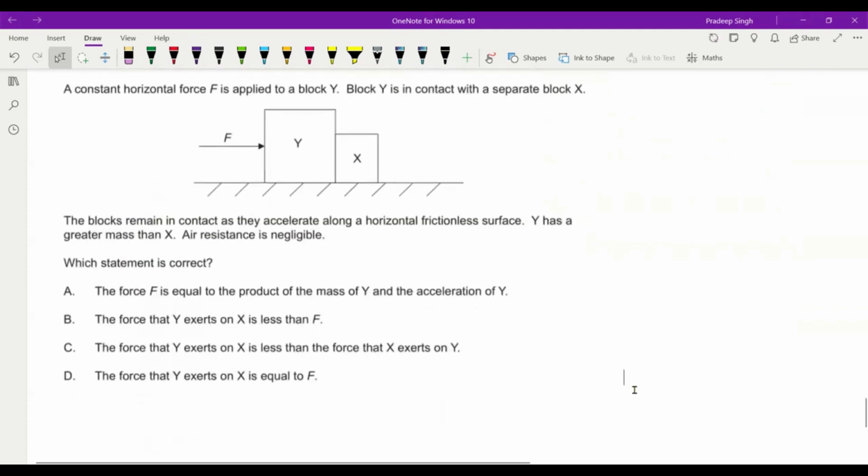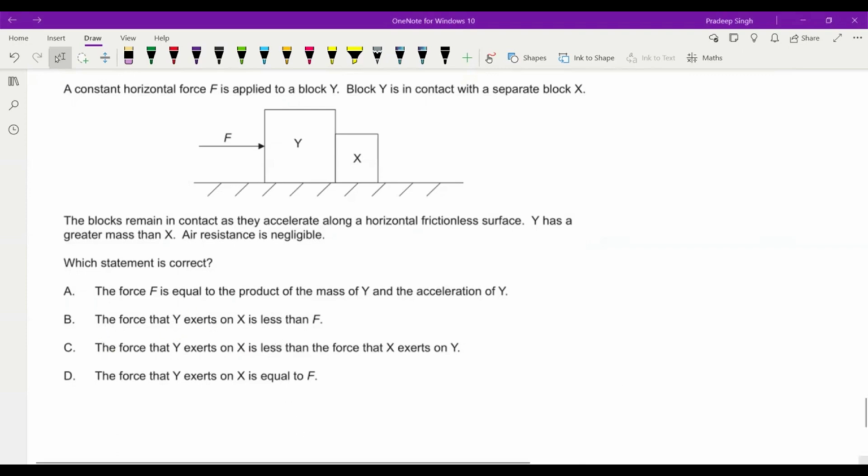Next question. No calculations, just conceptual. So is it B?